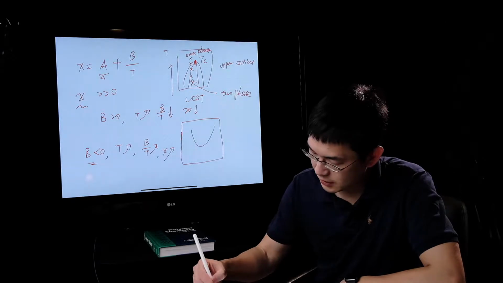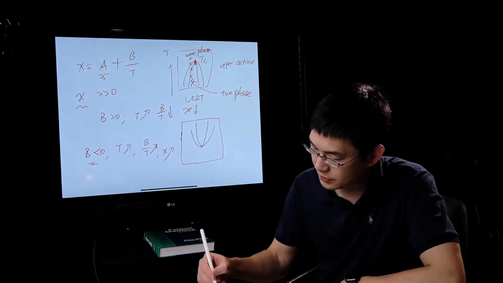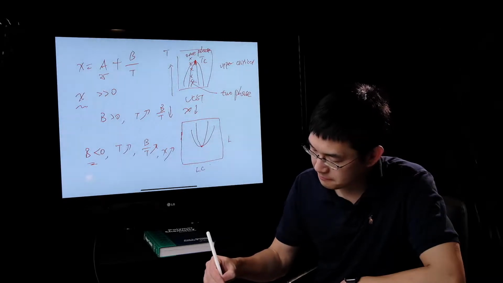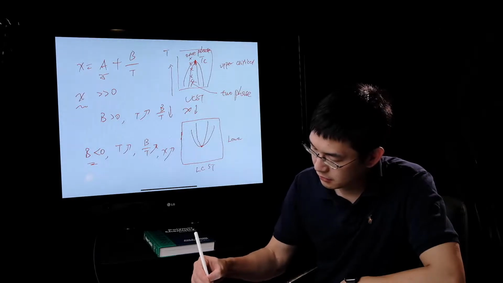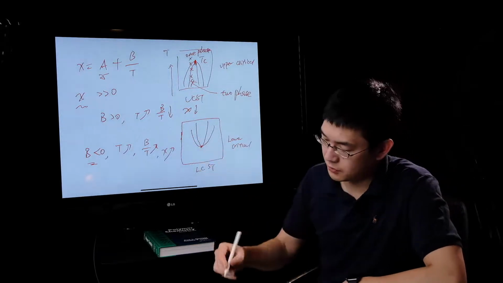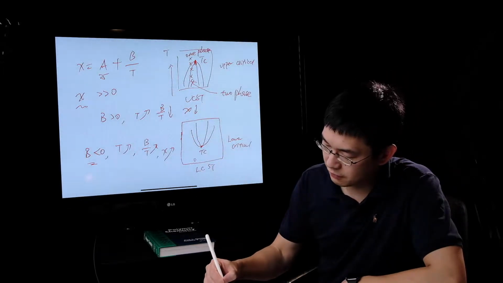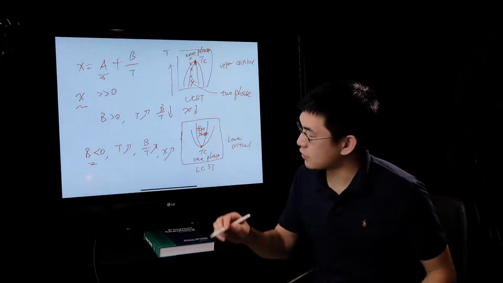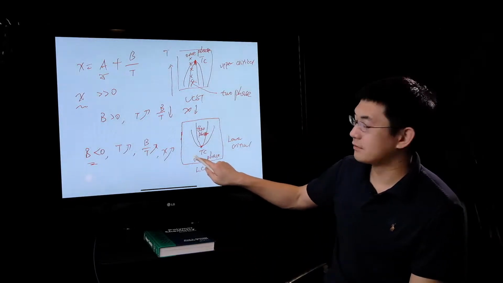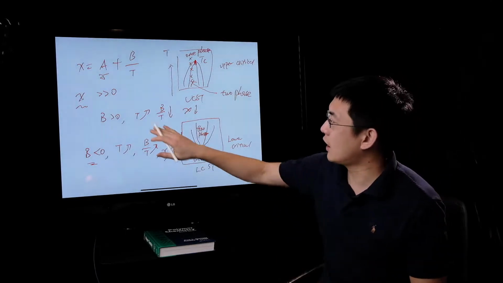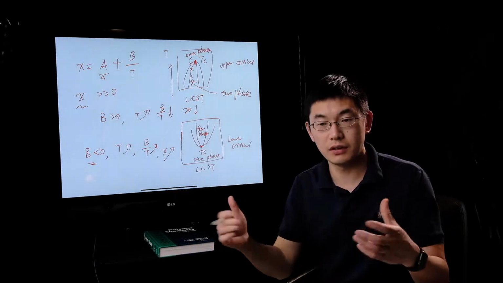This translates into an LCST, sorry, misspelled, lower critical temperature, which shows here. You have a critical point at the bottom, one phase at the bottom and two phase in the upper part. That means when I increase the temperature, my system goes from well dissolved one phase, and if I keep heating up, chi starts to increase with temperature and will eventually phase separate.